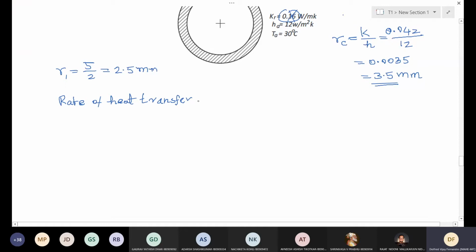So heat transfer with insulation. No, we have the same problem here.